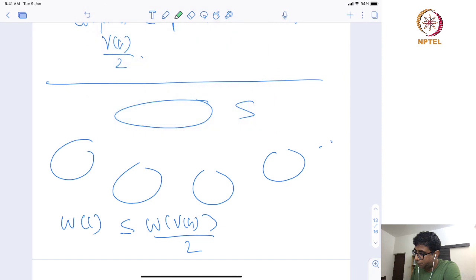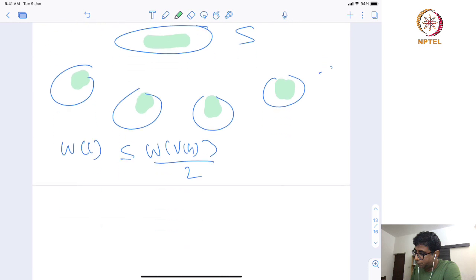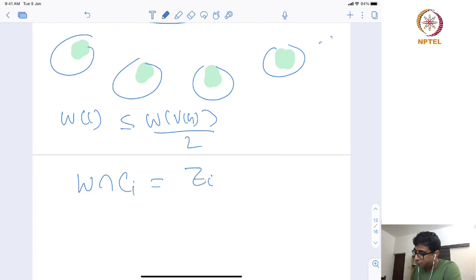So suppose this is my piece, this is my piece, this is my piece, this is my piece. And maybe let's write down the W. Now let's look at this W. Let's call W intersection Ci as, let's say, some Zi, and let Ni equal the cardinality of Zi.